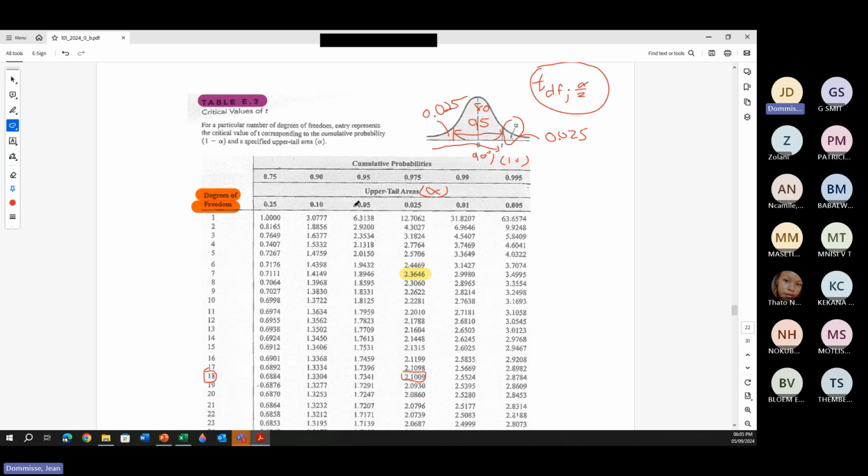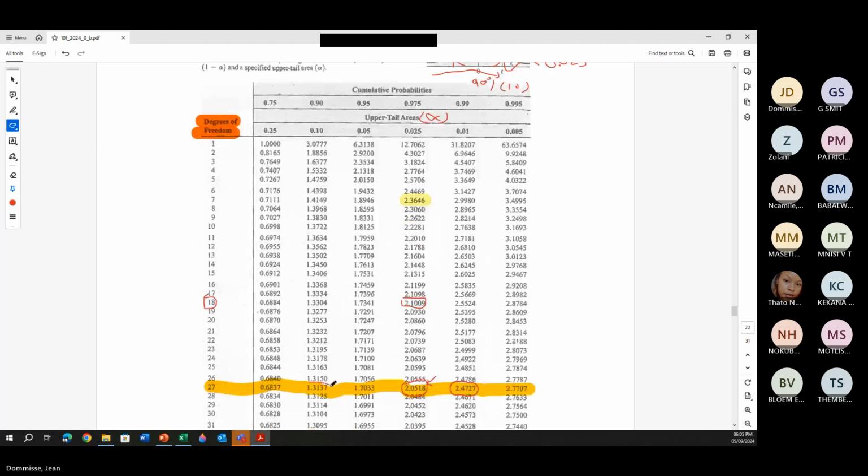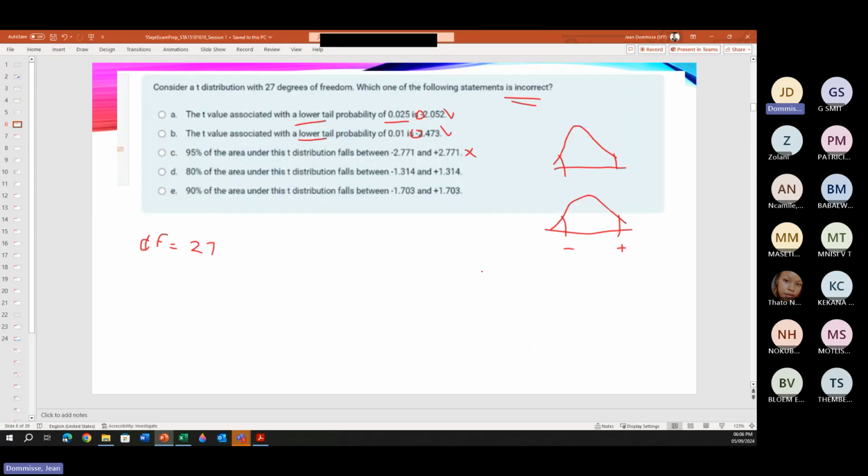So we will look at 0,1. So 1,314, positive and negative minus 1,314. So that is correct.